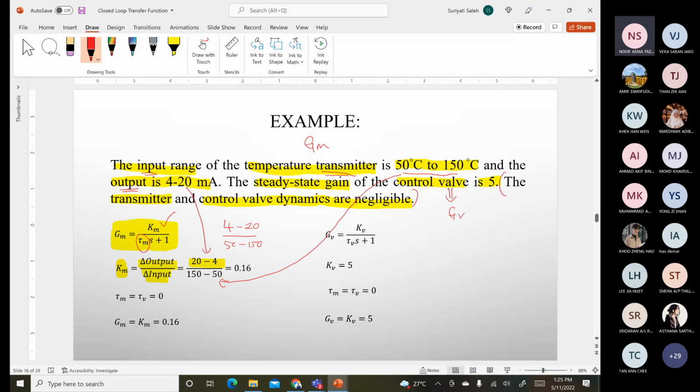Dynamics are negligible, referring to tau M and tau V equal to 0, because it's negligible. Why is it called dynamic? It's like this. If we put the value, for example, Km equal to 0.16, your graph should be like this. So this is 0.16.